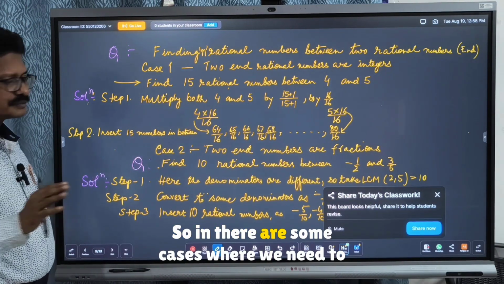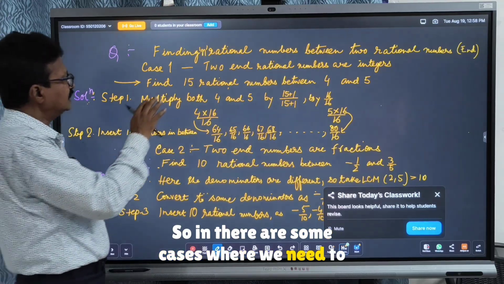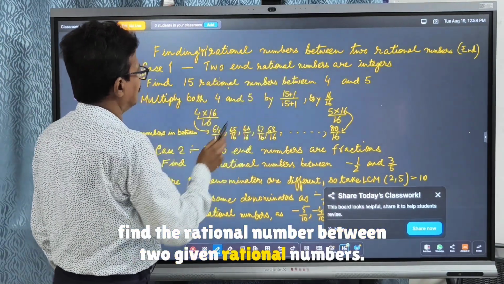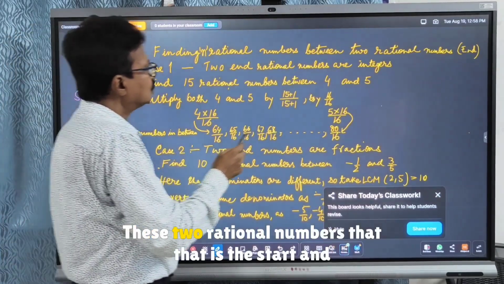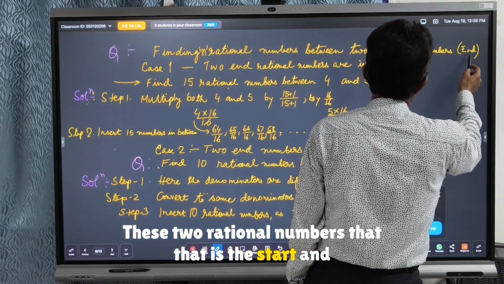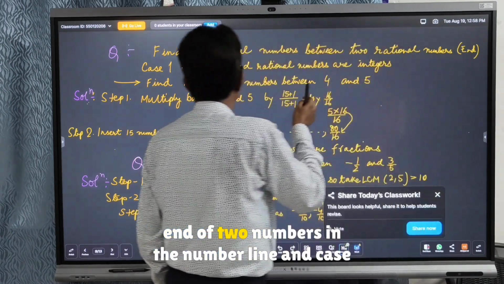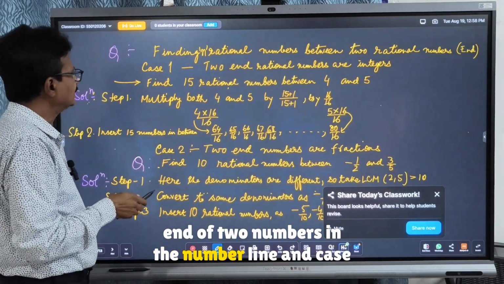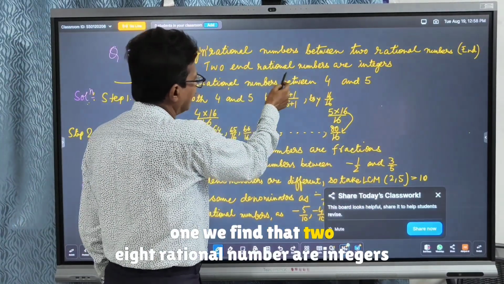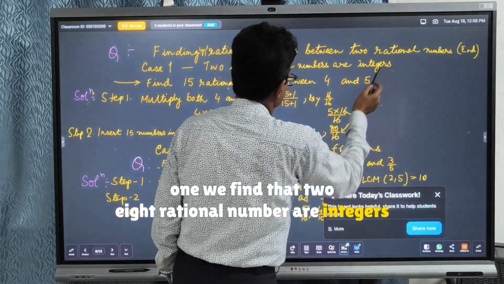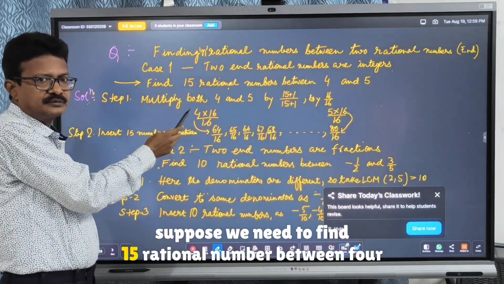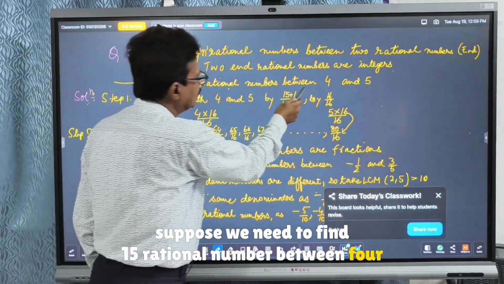There are some cases where we need to find the rational numbers between two given rational numbers, which are the start and end points on the number line. In case 1, the two end rational numbers are integers. Suppose we need to find 15 rational numbers between 4 and 5.